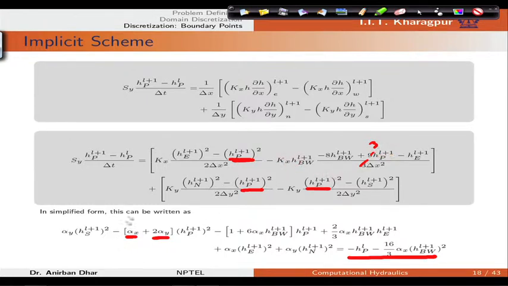because we have considered this alpha x equals to this one, we need to consider this.